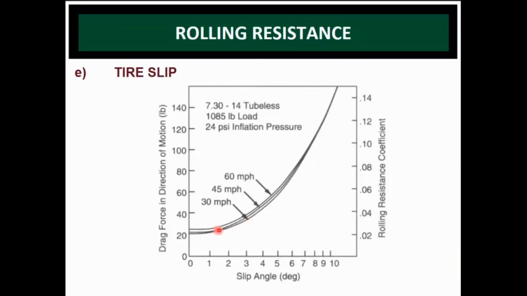Normally tak banyak beza, from 30 mph to 60 mph. And then we can see here the rolling resistance coefficient will increase as the slip angle increases.